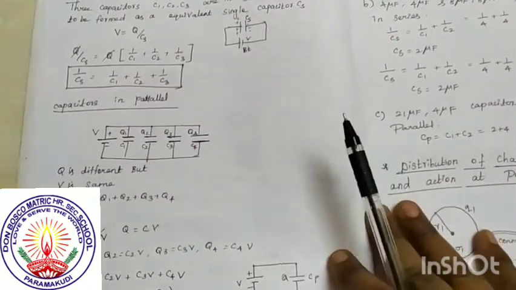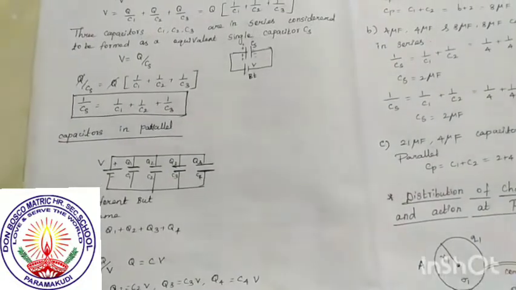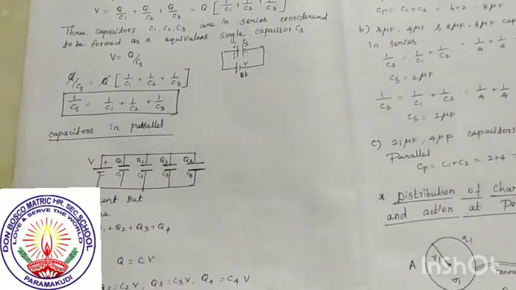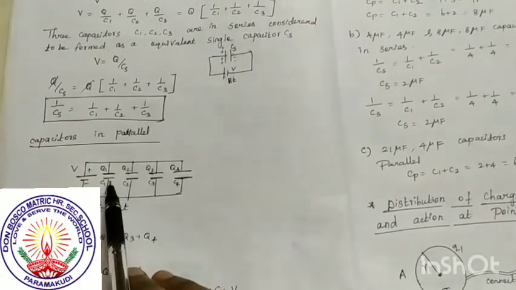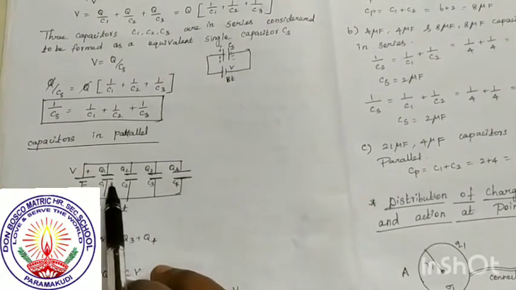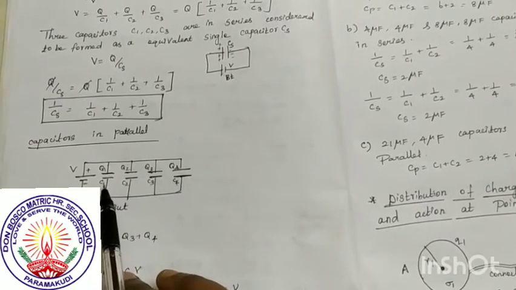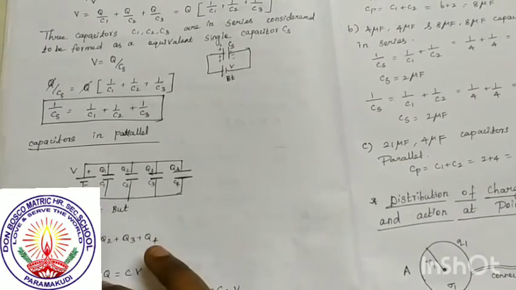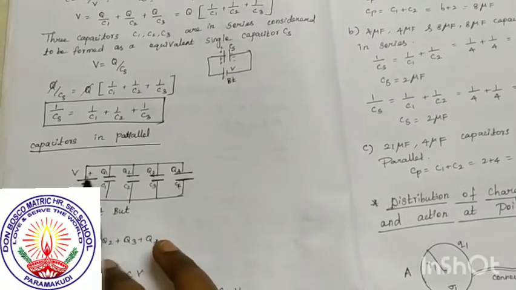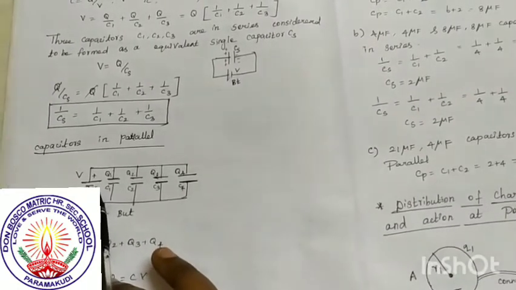Then next one is capacitors in parallel. So let us consider 3 or 4 capacitors. In this diagram we consider 4 capacitors, C1, C2, C3, C4. We connect them to the battery voltage. This is the positive terminal and this is the negative terminal.